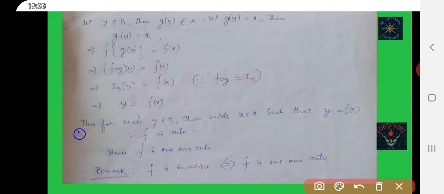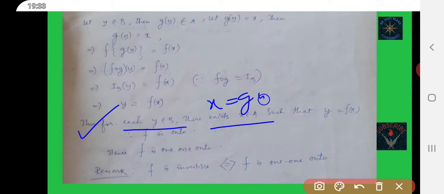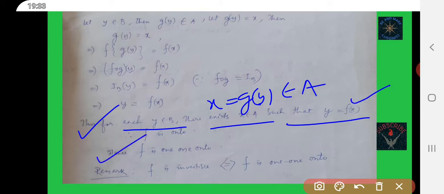So for each y belonging to B, there exists x in set A, that is x equal to g of y belonging to A, such that f of x equals y. So the function f is 1-1 and onto.